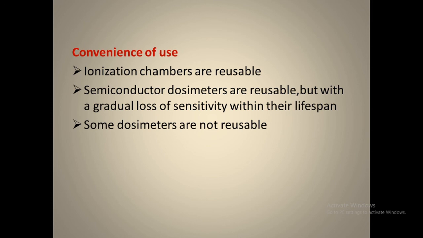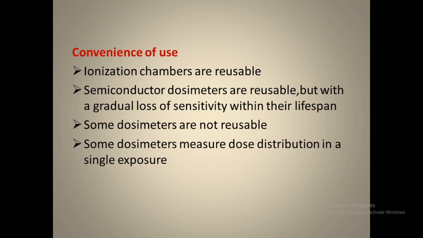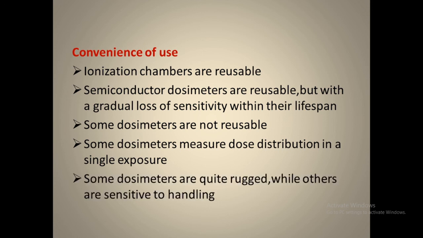However, some dosimeters are not reusable. Some dosimeters measure dose distribution in a single exposure, and some dosimeters are quite rugged, that is, handling will not influence sensitivity, while others are sensitive to handling.